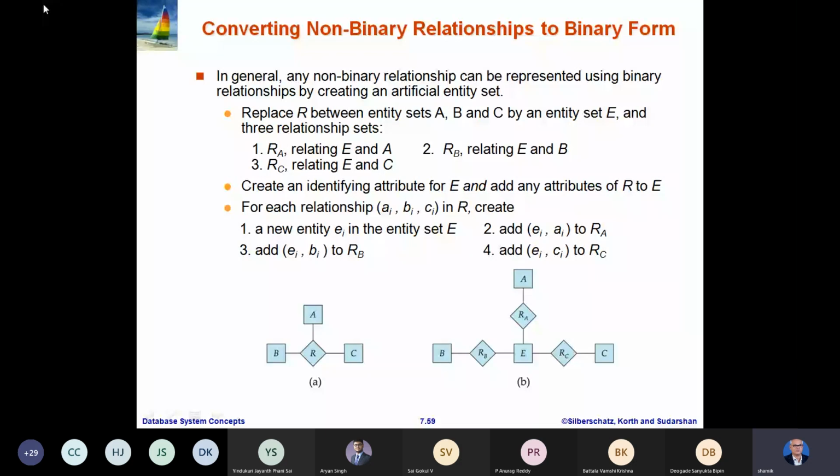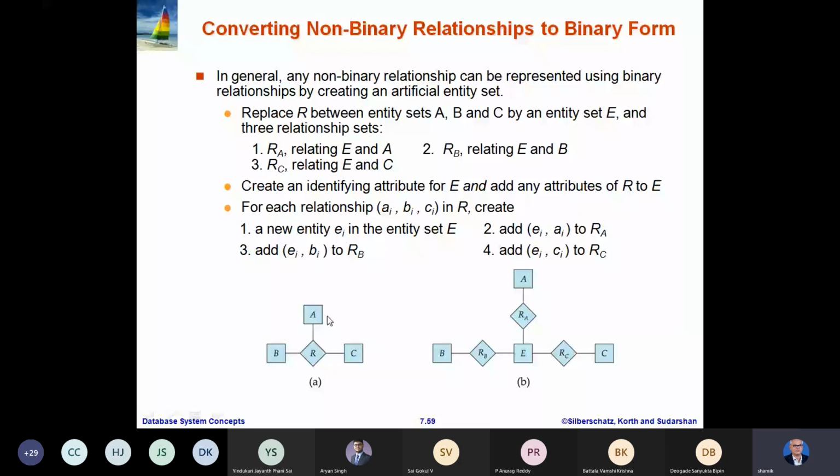So basically, what you do is create an identifying attribute for E and add any attributes of R that you possibly had. Like if you had a date attribute for that project, instructor, student relationship, those you add as attributes of E here.